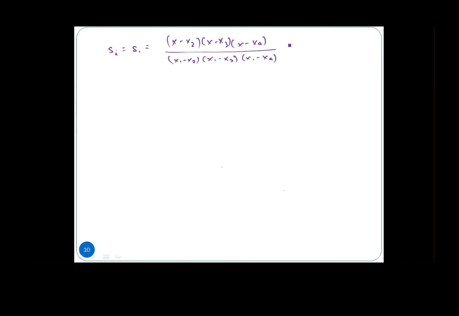So it will give us x minus x2, x minus x3, x minus x4 divided by, here we have negative L over 3, right? x1 minus x3 is negative 2L over 3, and x1 minus x4 is negative L. So it will give us negative 9 over 2L cubed, x minus x2, x minus x3, x minus x4.